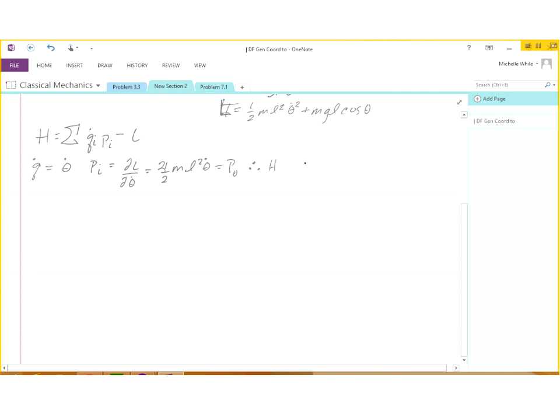Therefore, the Hamiltonian is equal to theta dot mL squared theta dot minus 1/2 mL squared theta dot squared plus mgL cos theta. Oh, I'm running out of room, sorry about that.